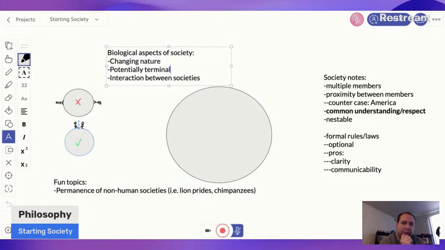Is that a change in the society, or did a society die and a new one was born? I think I'm inclined towards changing nature rather than potentially terminal, but I want to put emphasis on that one. That seems the more important element we would want to explore if we came back to that.